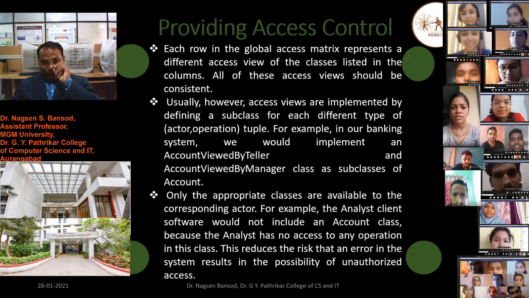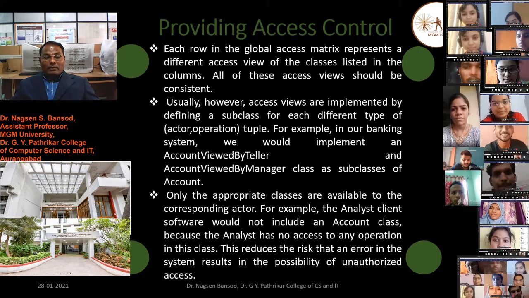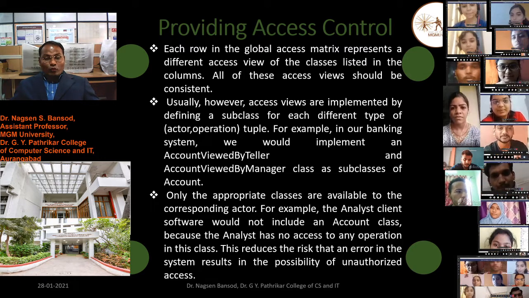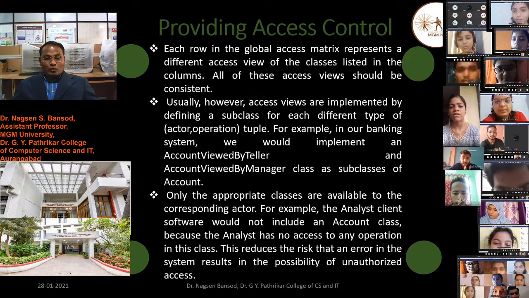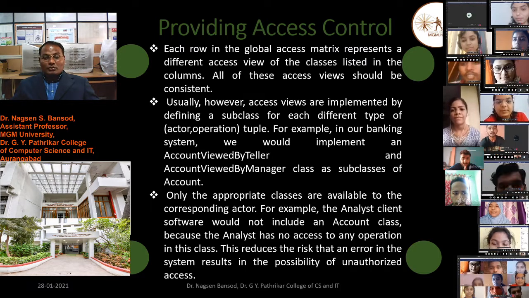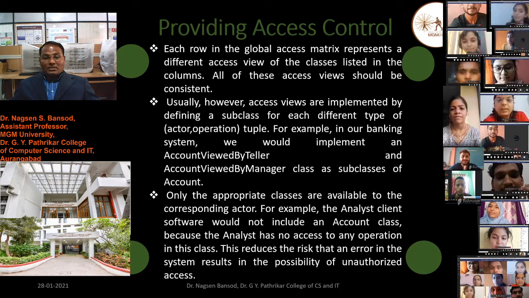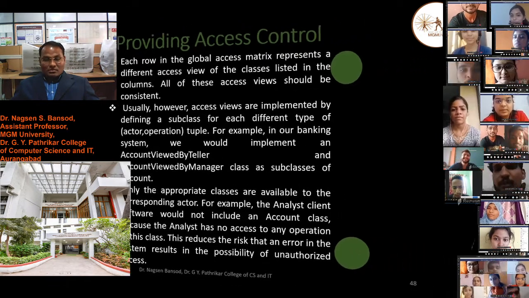Only the appropriate classes are available to the corresponding actor. For example, the analyst client software would not include an account class because the analyst has no access to any operation in this class. This reduces the risk that an error in the system results in unauthorized access.